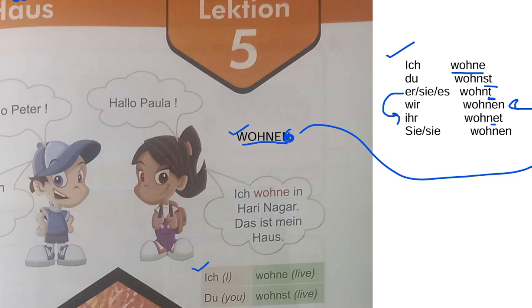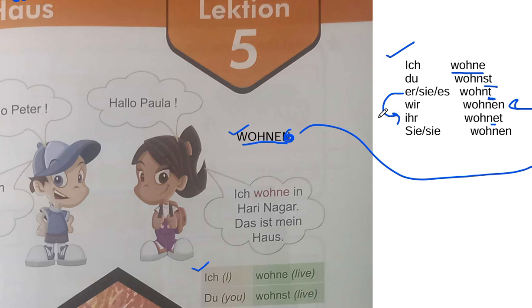Now if someone asks you how will you differentiate between capital Sie, small sie and sie in a sentence, what will you say? Simply, if it is sie wohnt, without the e in between, then it means she.